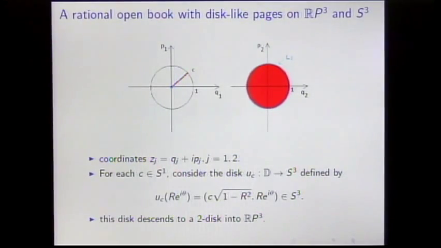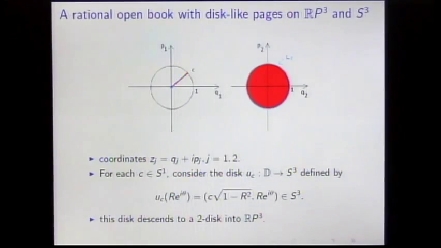So on RP3, we could also consider this family of disks, which is again an S1 family of embedded disks. And all of those disks approach the boundary, the projection of L2, as a double covering.